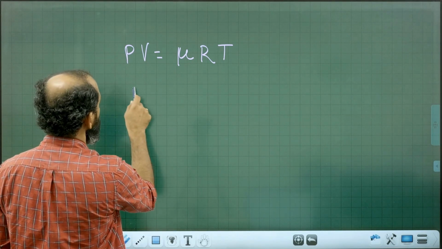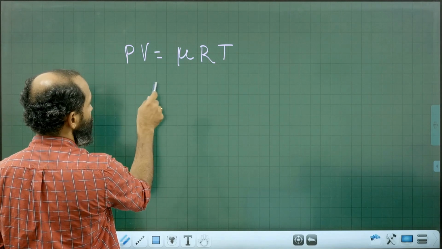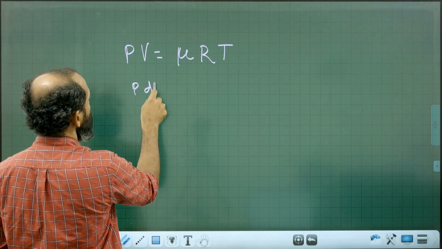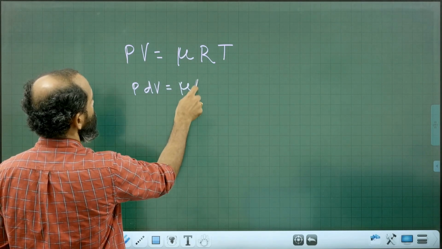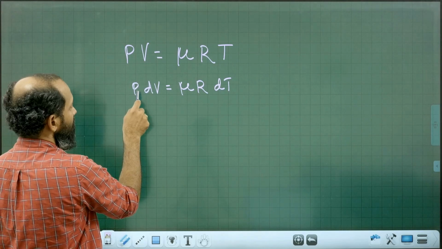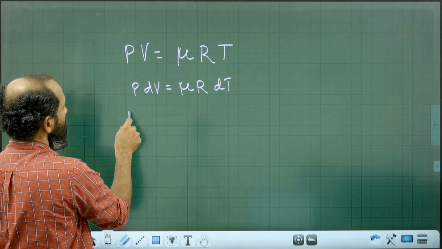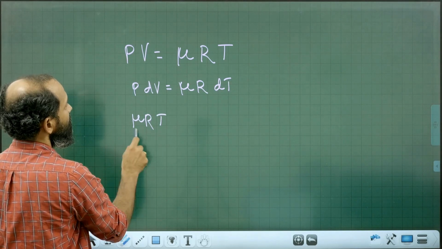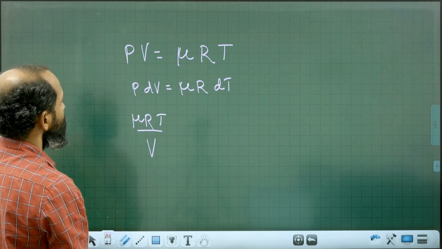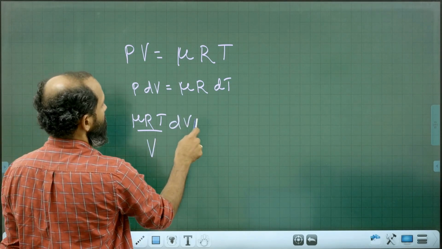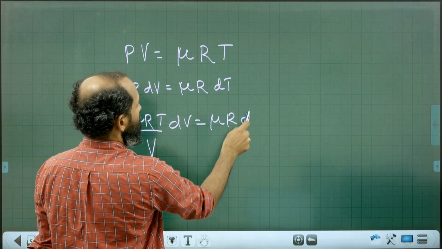When you take the derivative at constant pressure, P dV equals mu R dT, and writing P as mu RT by V, P can be written as mu RT by V.